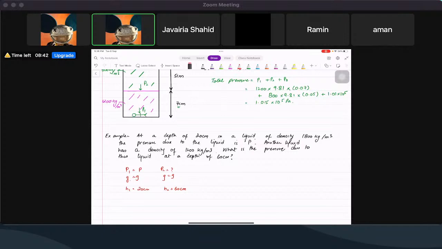Density 1 is 1800 and density 2 is 1200, so we want to find this.